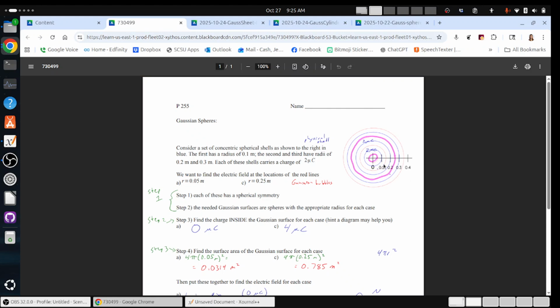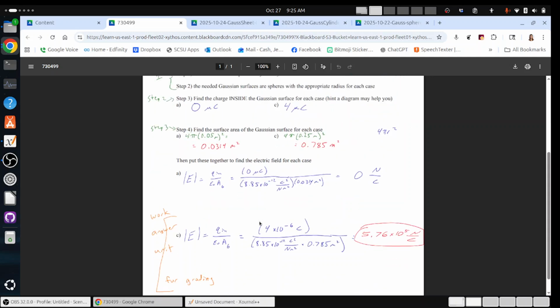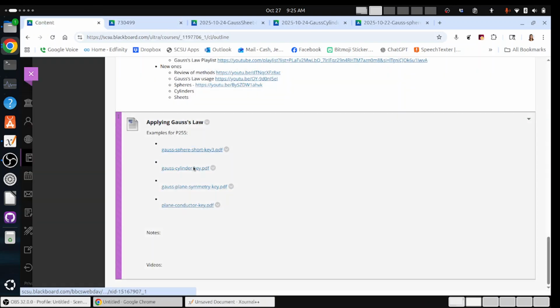And this one we had concentric spherical shells that were being used. And it specified the amount of charge on each one. Because of that, we could figure out at different points in the system how much charge was inside the Gaussian surface, what was the surface area, and then pull that together to actually get the value for the electric field.